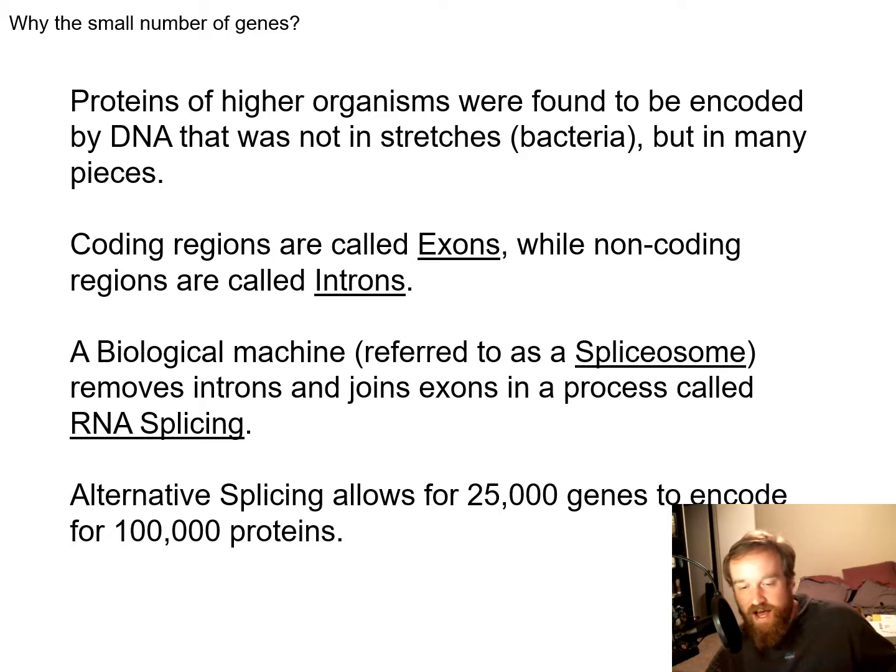Say you have 5 exons: 1, 2, 3, 4, 5. One protein may take exons 1, 2, and 3. Another protein product could take 1, 3, and 5. A third protein product could take 2, 3, and 4, etc. Mixing up the exons in genes to make different mRNA that will make different proteins is how we get from something as small as 25,000 genes to 100,000 proteins.